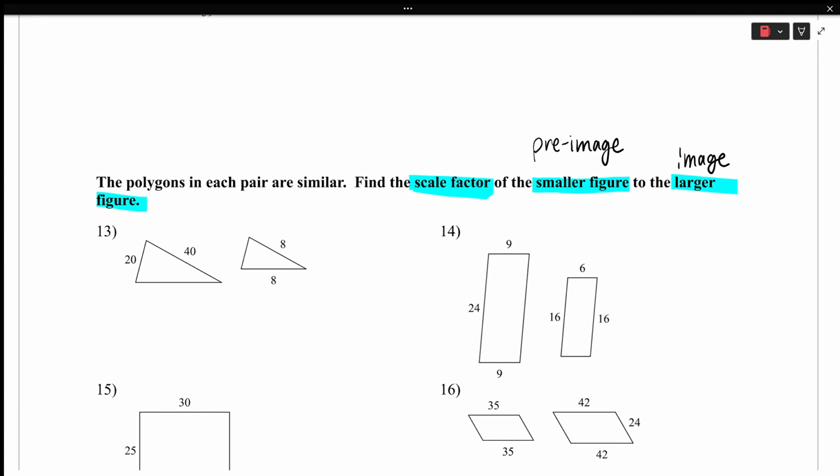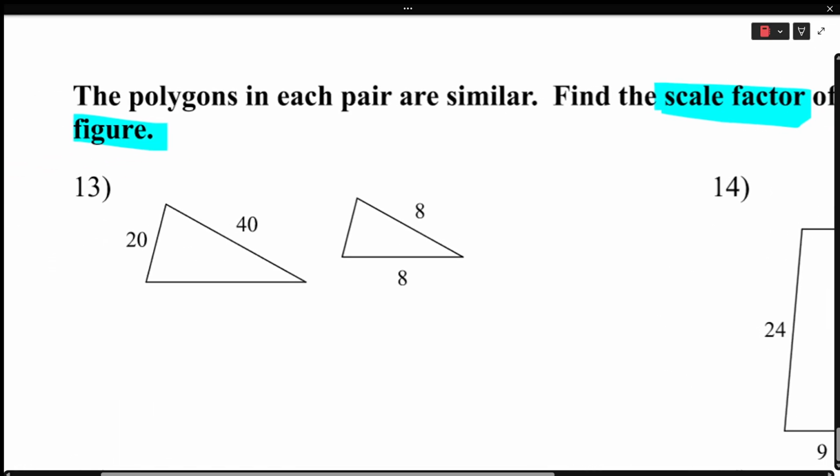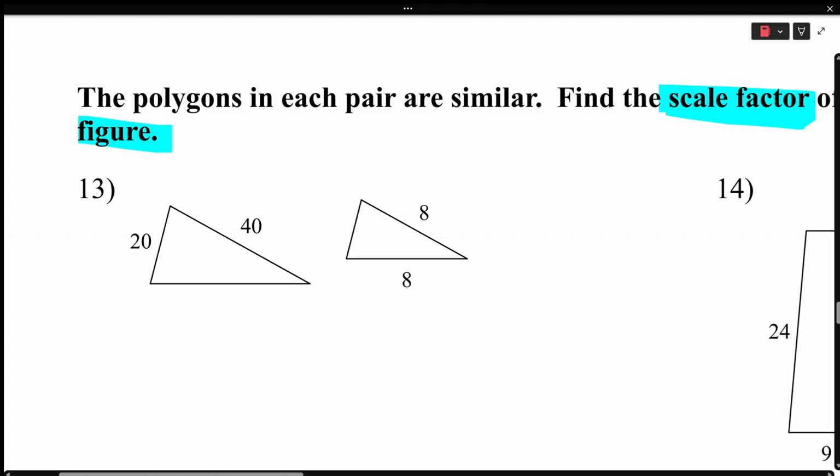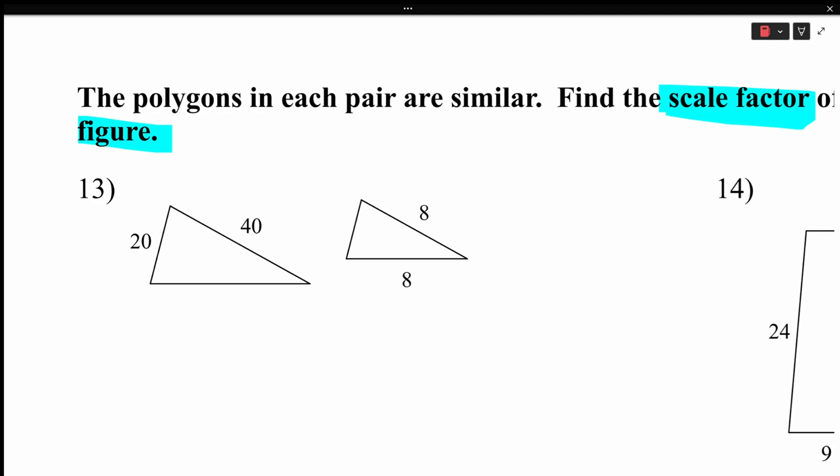Sorry, I had to think about that. Okay, I have my triangles lined up already. This is the smaller figure, obviously, and then this is the bigger figure.